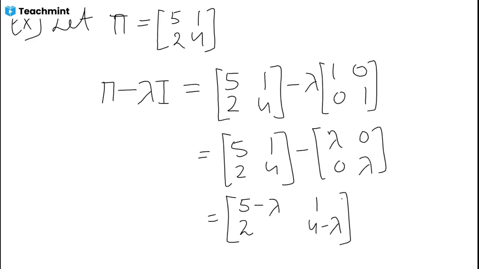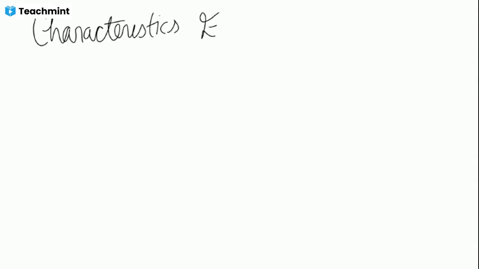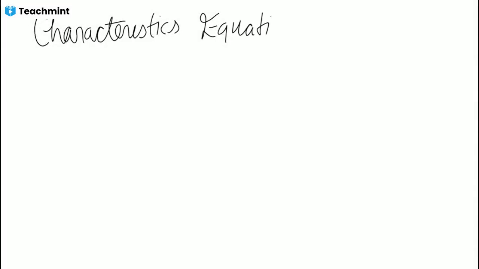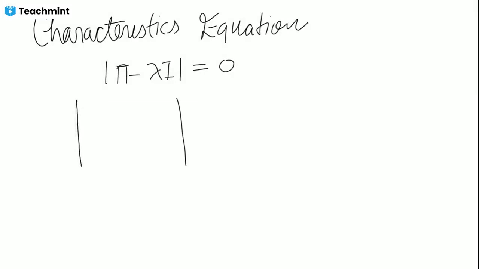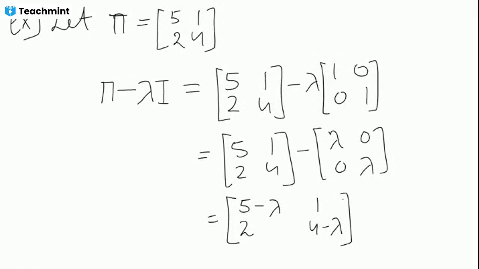You got it? Yes. Now let us form the characteristic equation. The determinant of the given matrix is 0. So now let us find the determinant of this. Are you getting this step?